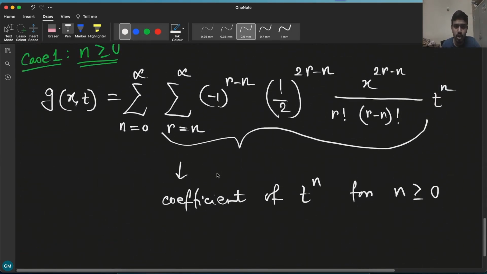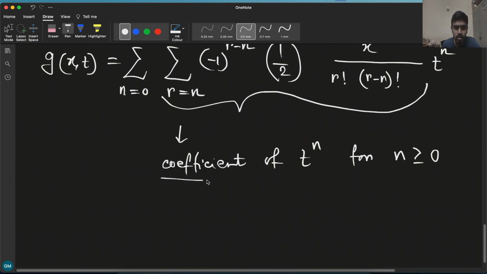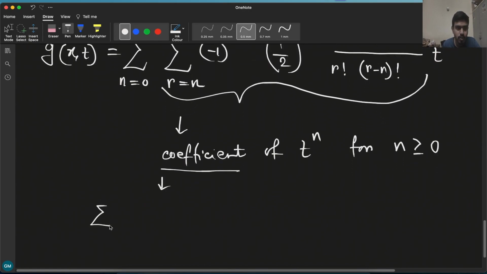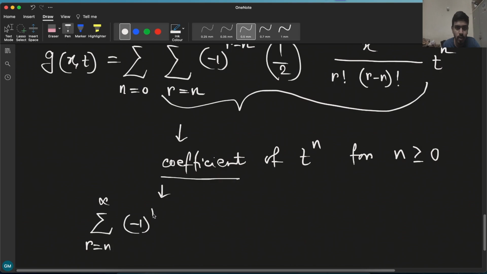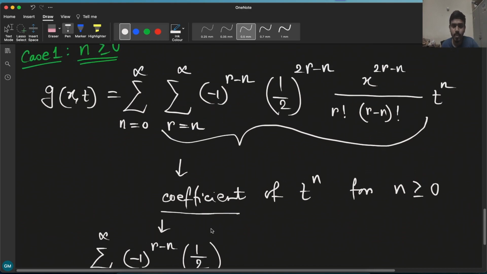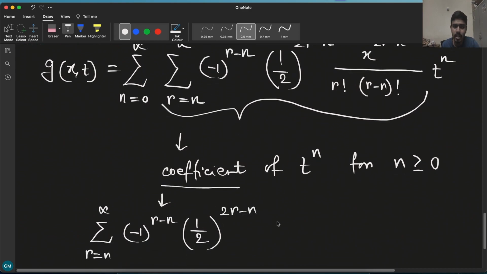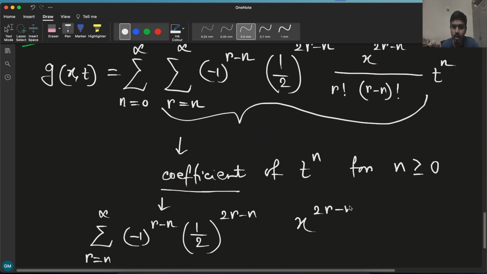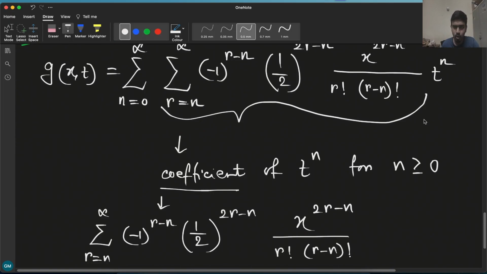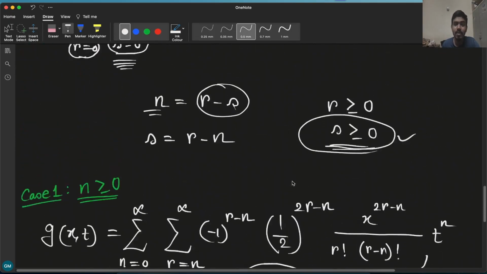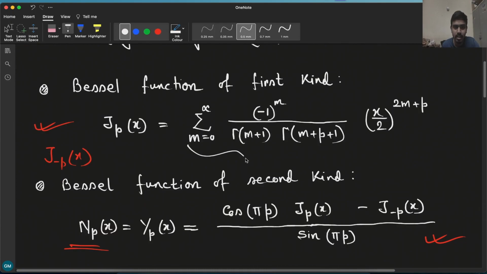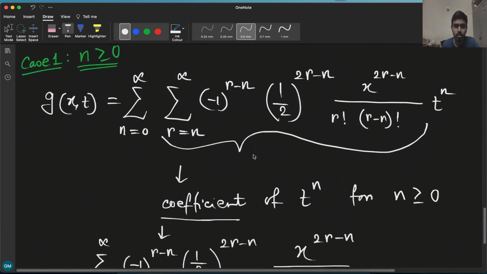So that's what I'm going to show now, that this coefficient, which is the sum over r equals n to infinity of minus 1 whole to the power r minus n, 1 by 2 to the power 2r minus n, times x to the power 2r minus n, divided by r factorial times r minus n factorial, is basically the coefficient of t to the power n, and it can be written like this. So that's what I am going to show.